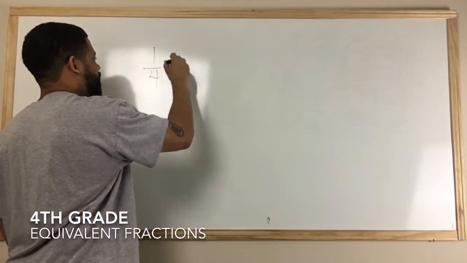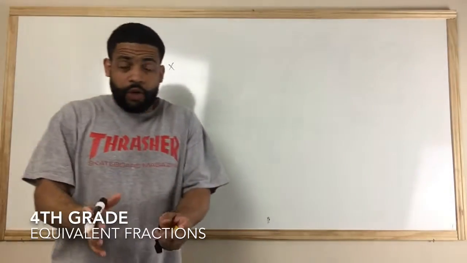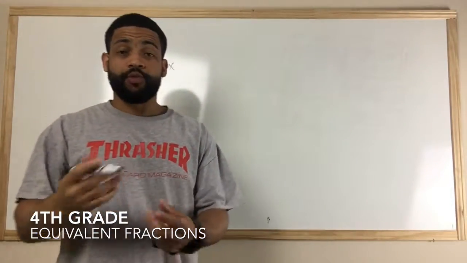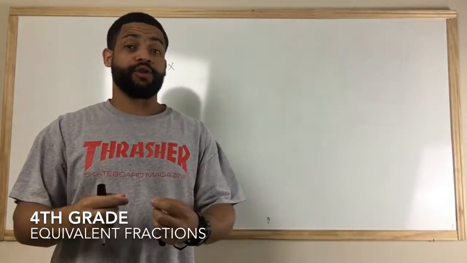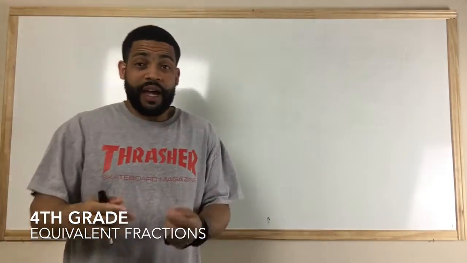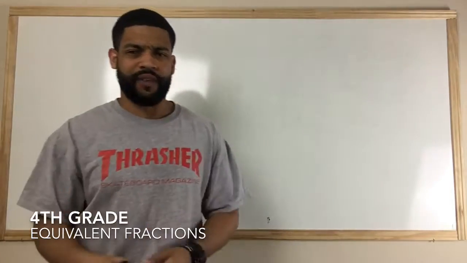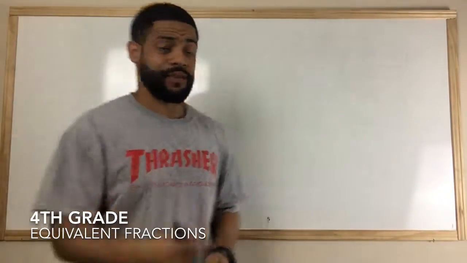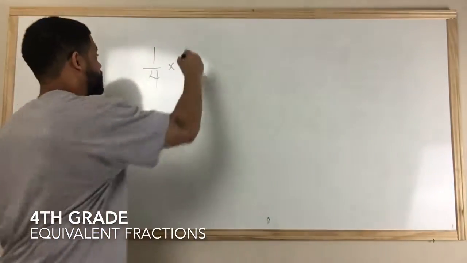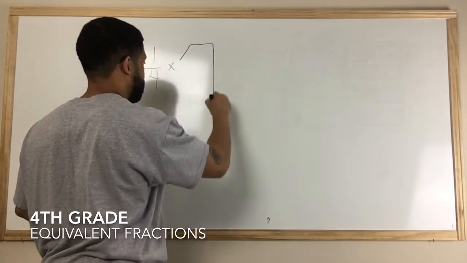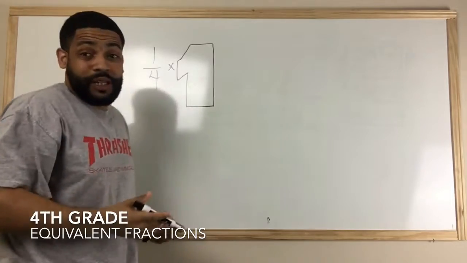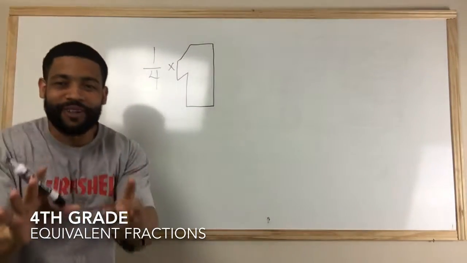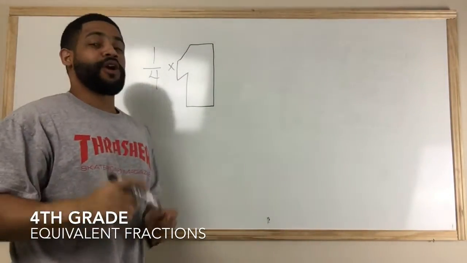Now, we've learned that anytime you multiply something by 1, it equals whatever you started with. So if I have 5 times 1, I get 5. If I have 7 times 1, I get 7. So if I have 1/4 times 1, then I'm going to get 1/4. But we're going to put a little twist to that.